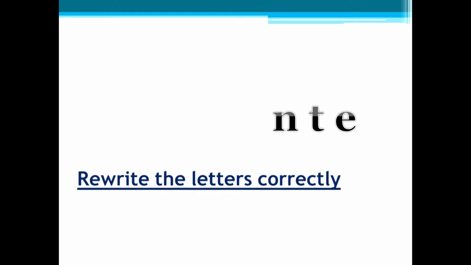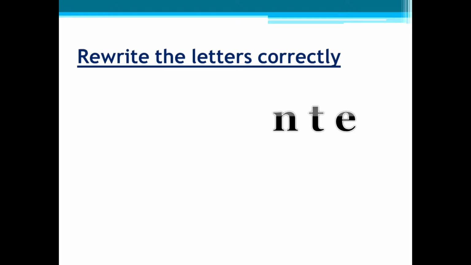Now what is this? These are jumbled letters. Okay. So now we have to rewrite the letters correctly so we form a proper word. So if we want to rearrange these letters and write a proper word, I'll give you a hint. What is the hint? Look here.